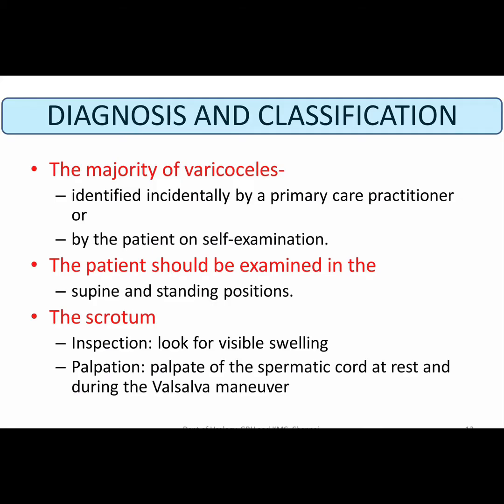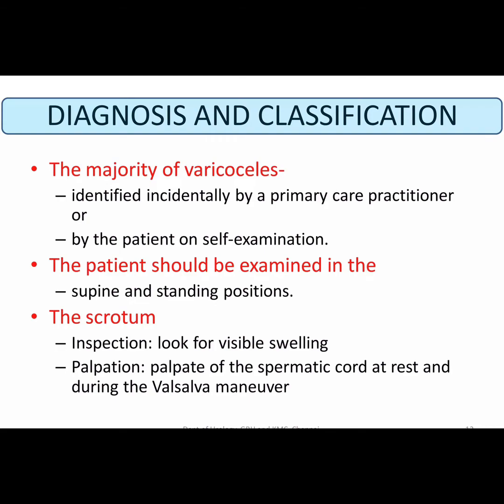It is also important to perform the examination first on standing, and if you find that there is a varicocele, then perform the examination in the supine position in order to see whether it is reducible or not.